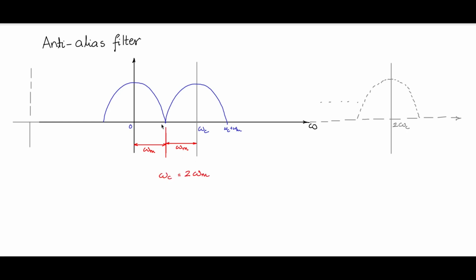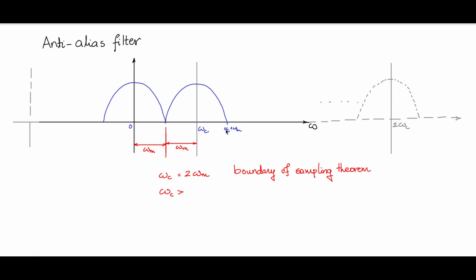So omega c at this point is 2 times omega m, and this is at the boundary of the Shannon sampling theorem, which says that the sampling frequency should be equal to or greater than twice the modulating signal bandwidth, which is omega m here.